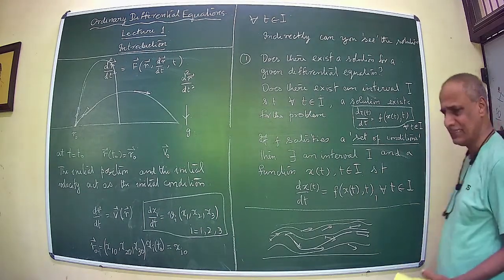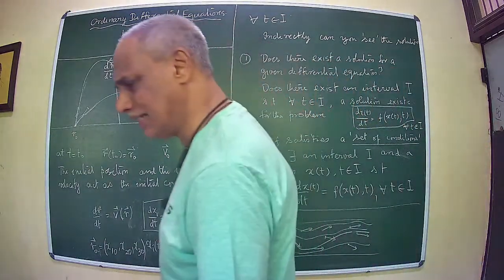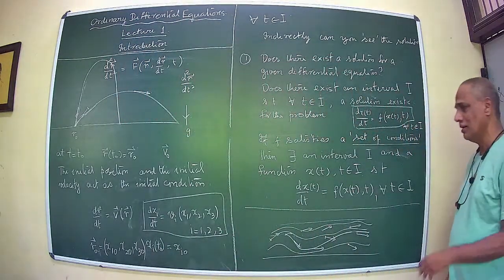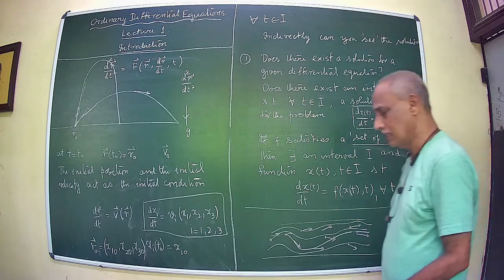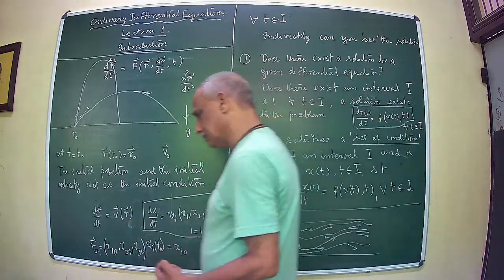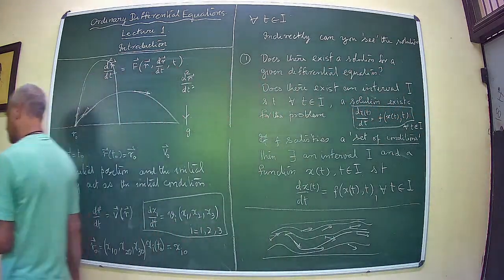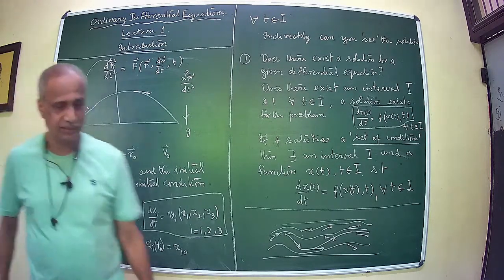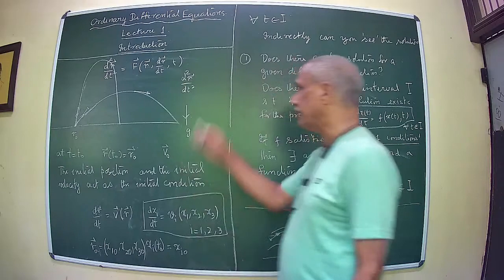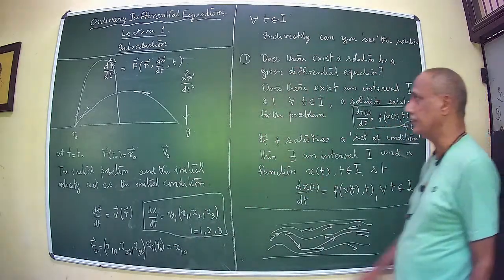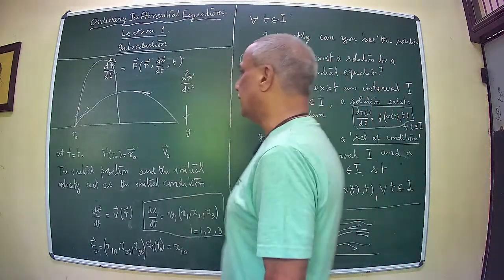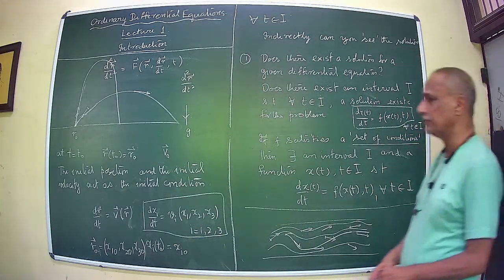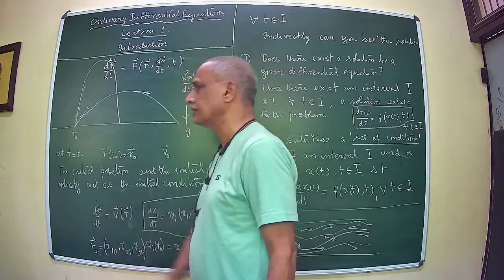Only one direction you are pulled, and therefore you would follow a path, or what you would expect is that fixing the initial position fixes up the path of the particle. In the case of a more general problem like this, coming from Newton's law, this is coming from the relation between velocity and the position.